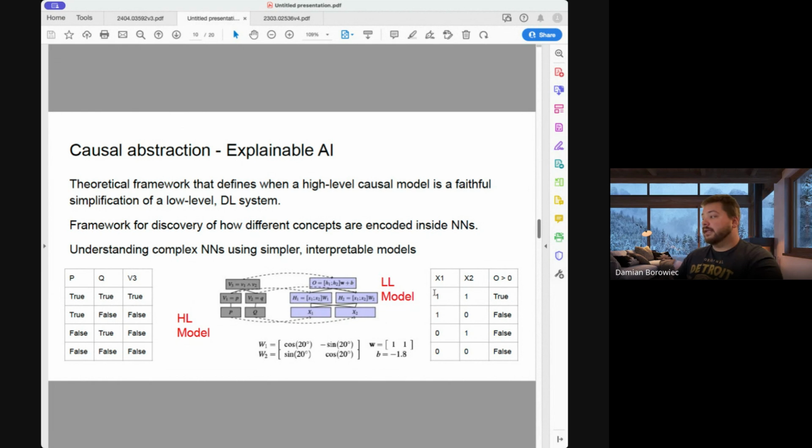And the idea is that if both inputs are 1 for this neural network, and the output is higher than 0, then the logical output of this network would be true. In all other cases, it would be false. So essentially, what we're trying to do in causal abstraction analysis is to align these two representations to then affirm that a certain high-level concept maps to certain variables in a neural network, and in what way it maps within the neural network.